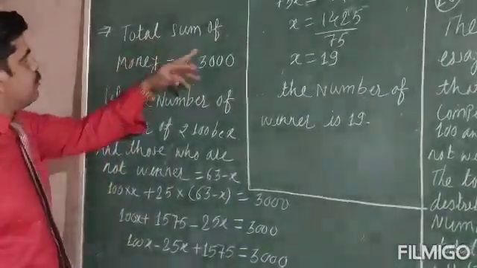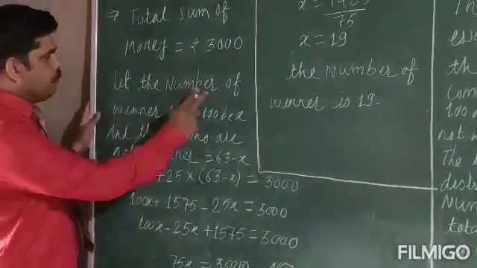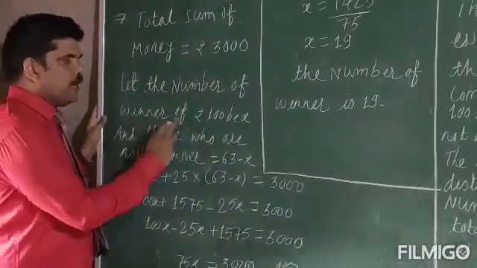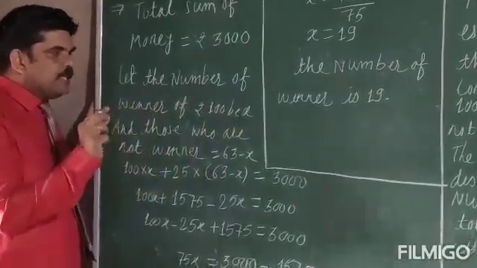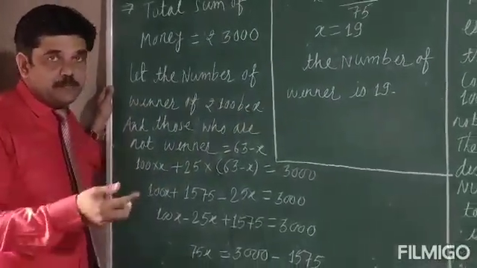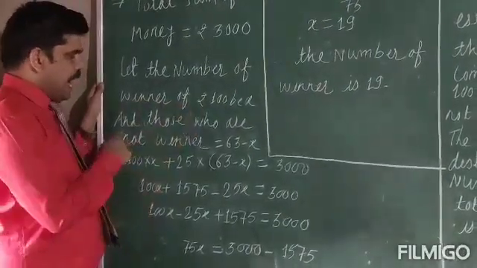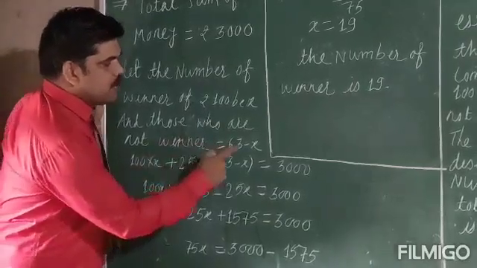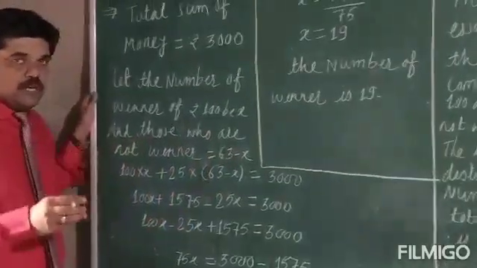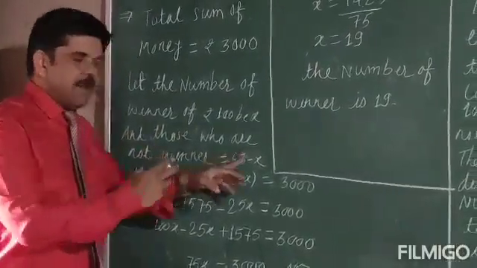So the total sum of money is 3000. Let the number of winners, who get rupees 100, be x. So there are x participants who are winners and they get 100 rupees, and those who do not win number 63 minus x, because if winners are x and the total is 63, the others are 63 minus x.